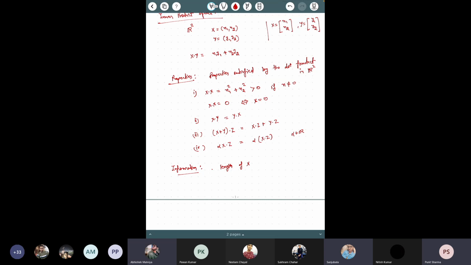Under root of x1 square plus x2 square. Yeah. So the length of x is simply the square root of x1 square plus x2 square, or you can say it is the square root of the dot product of x with itself, right?